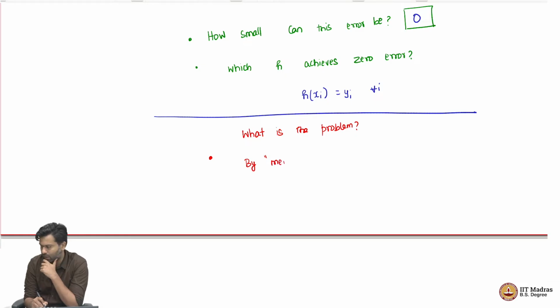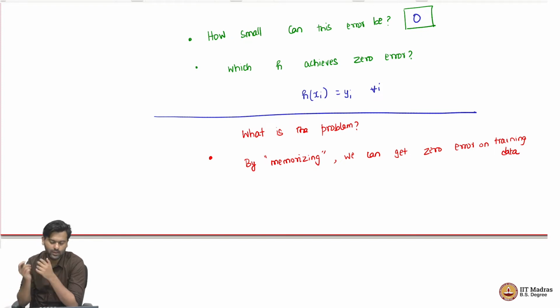Basically, we are saying that by memorizing, we notice that we can get 0 error on training data. But our goal is never to do well on the training data, right? So a spam classifier, or in this case a rainfall predictor, may do perfectly well for predicting the rainfall for the previous 3 years.